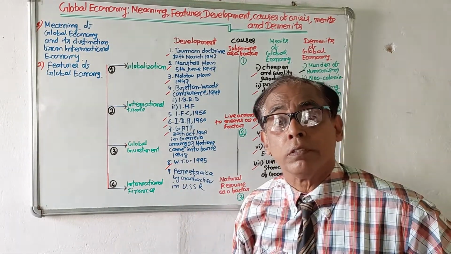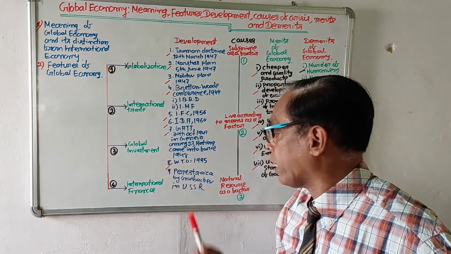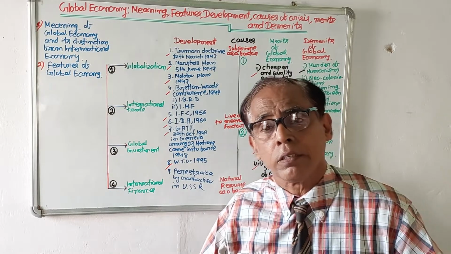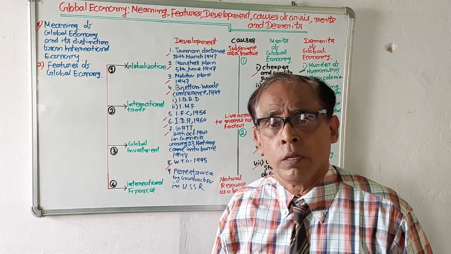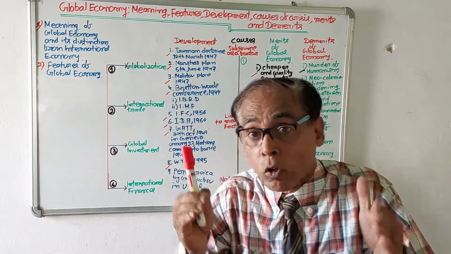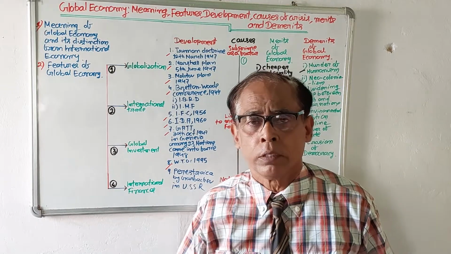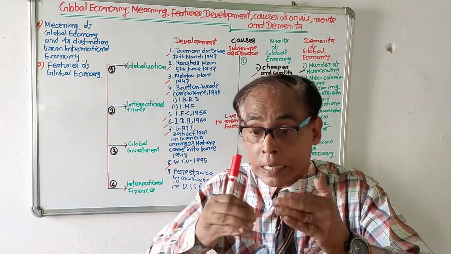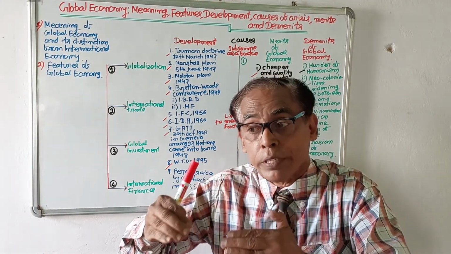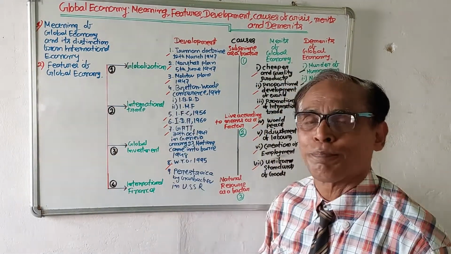Then the President of Russia, Mikhail Gorbachev, introduced Perestroika, economic reforms in Russia. So the global economy came to the scene not abruptly, all of a sudden. It came into scene with various steps, and these were the steps.